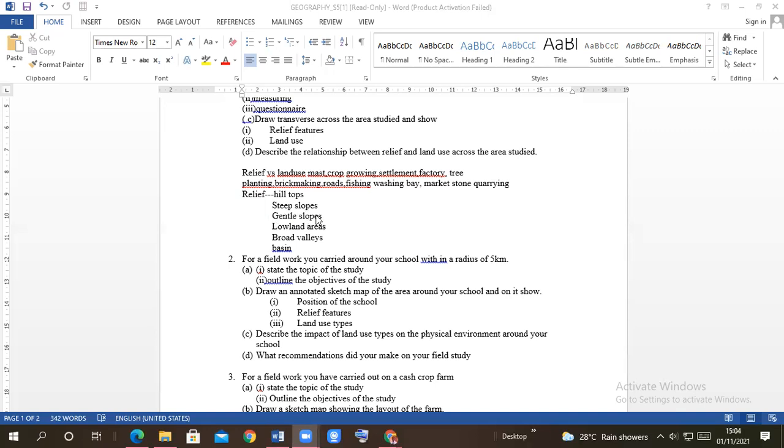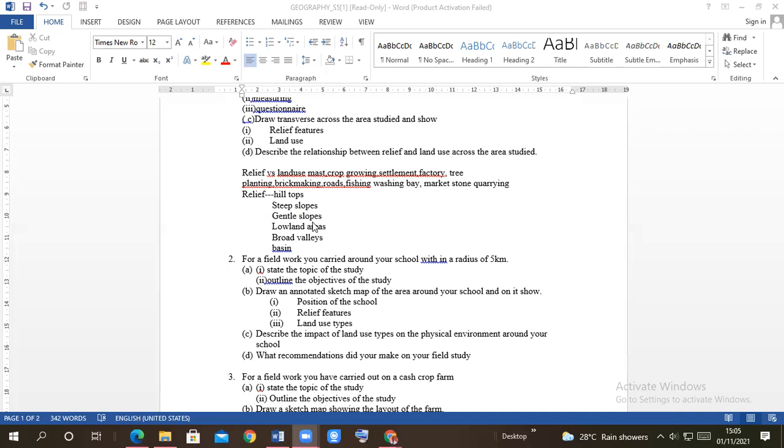Gentle slopes, the part of the relief that is juicy, and they avoid talking about other elements of relief. Therefore, if you give at least one point on gentle slopes, we shall consider that one. Others, we shall consider them as repetition.